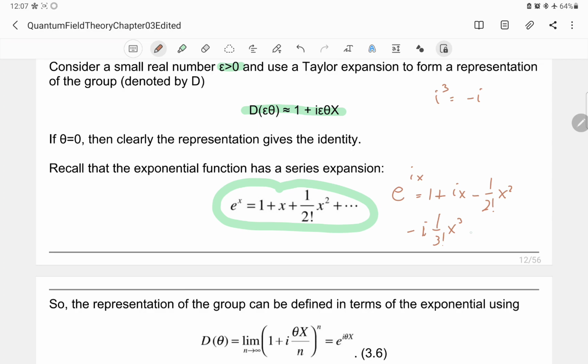Then you will have plus 1 over 4 factorial x to the fourth, and so on for your e to the ix.